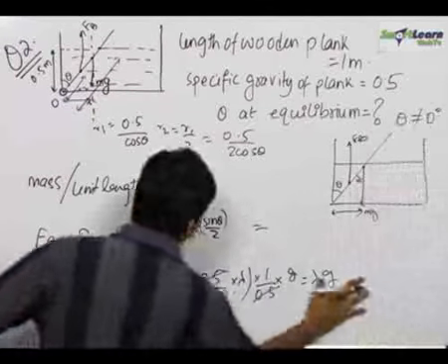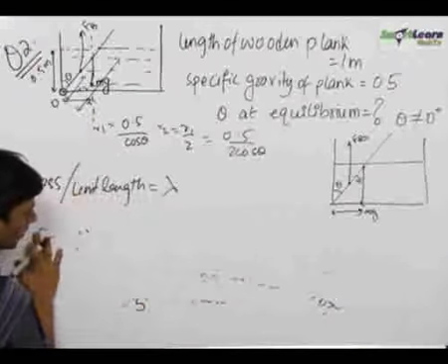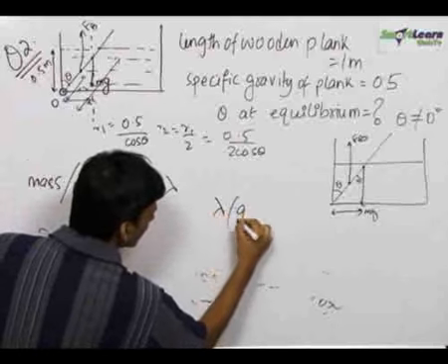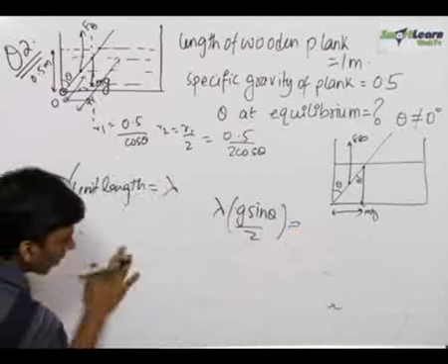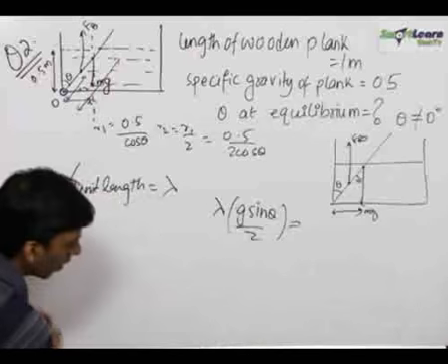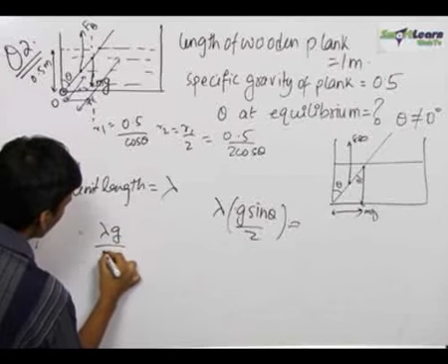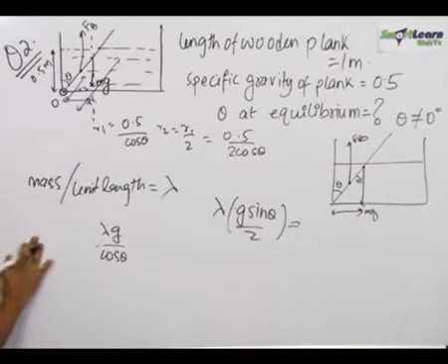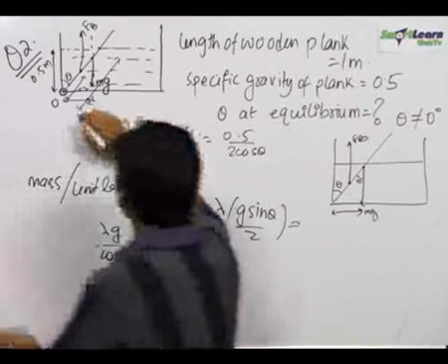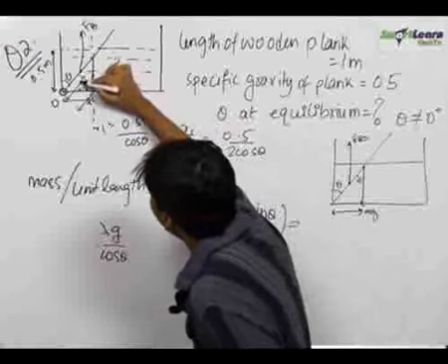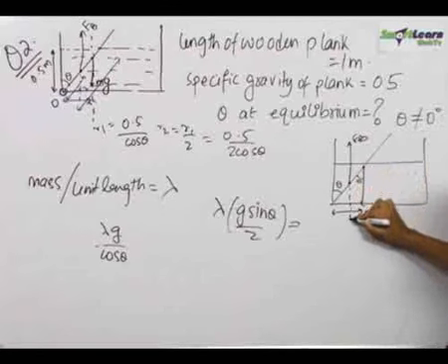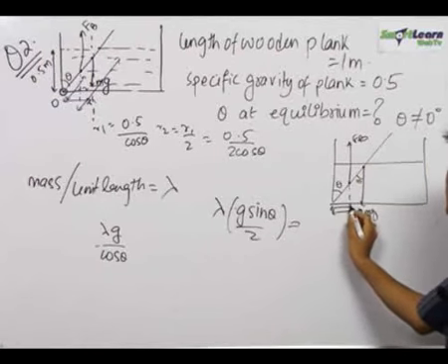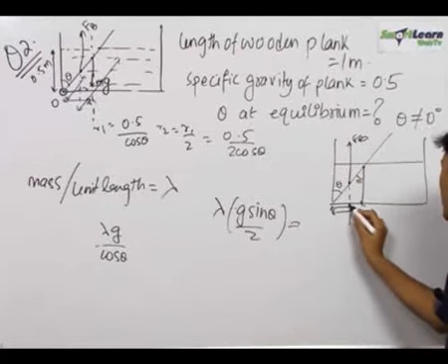We now need to find out: lambda g sin theta by 2 is equal to lambda g upon cos theta, which was the magnitude of the buoyant force. We multiply it by R perpendicular of this force, that is the perpendicular distance of the line of action of this force from the point about which we are applying the equation of torque.